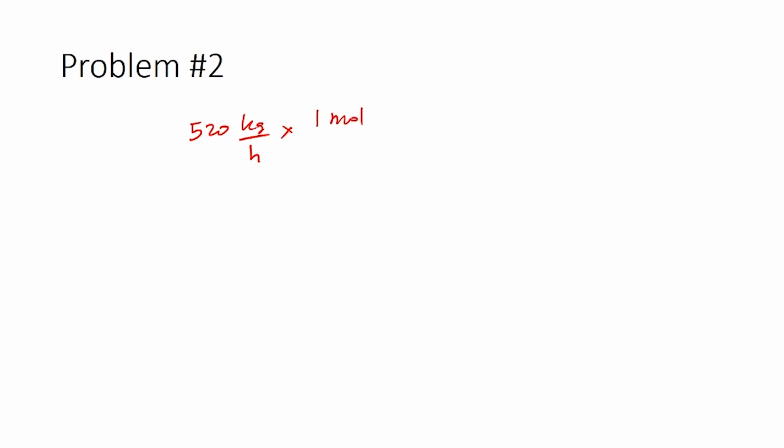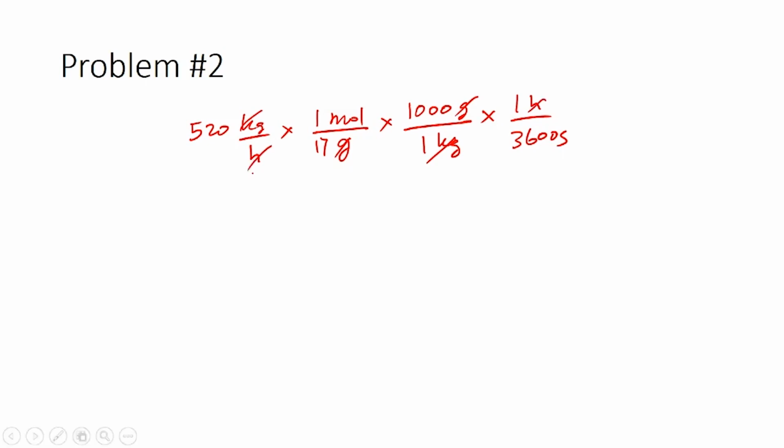So, 1 mole weighs 17 grams, and we can convert kilograms to grams using 1000 grams in 1 kilogram, times 1 hour contains 3600 seconds. Now, kilograms cancel, grams cancel, and hours cancel, and you end up with moles per second. The moles of ammonia coming in is 8.48 moles per second.